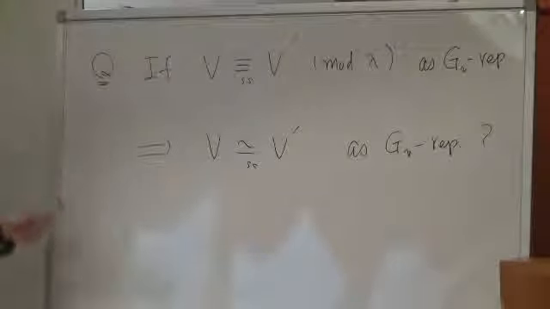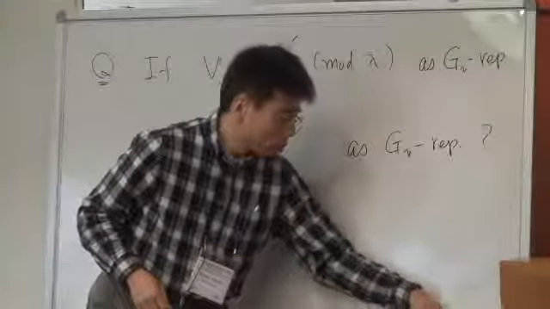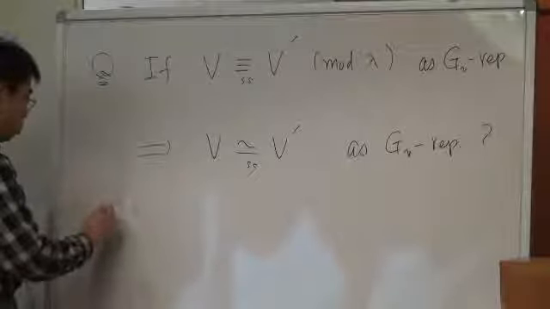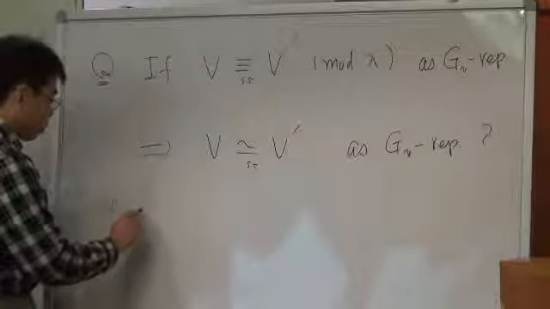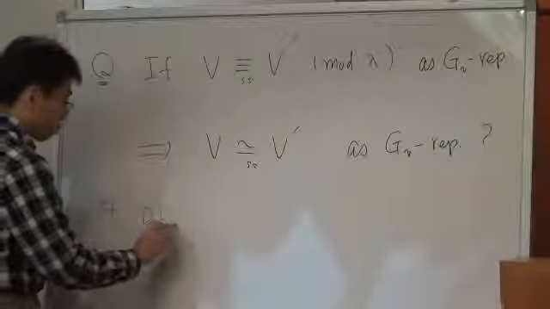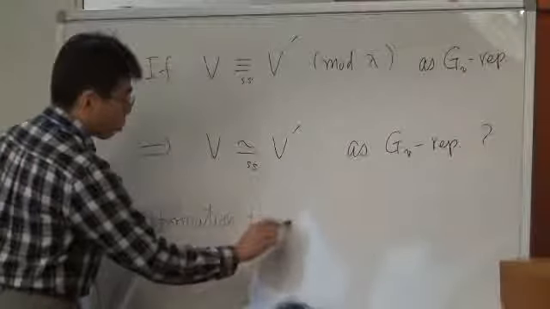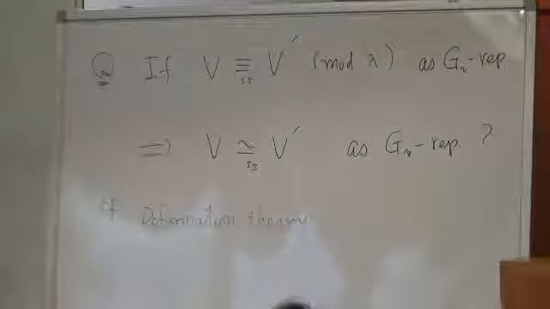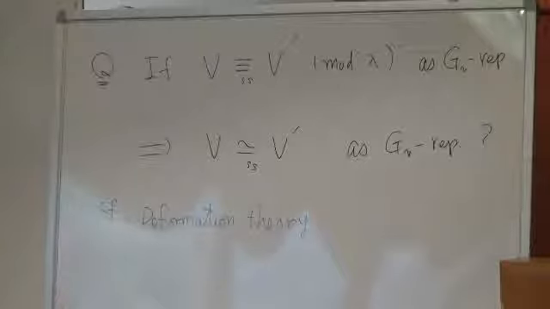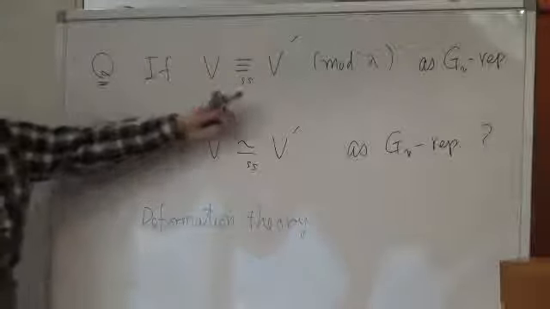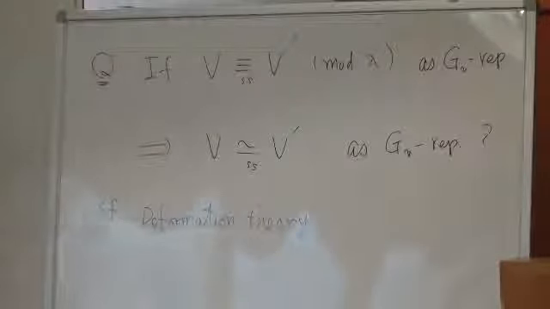In general, this is impossible because we have the well-known Galois deformation theory. This theory controls the liftings of V bar to V, and in general there are so many liftings.